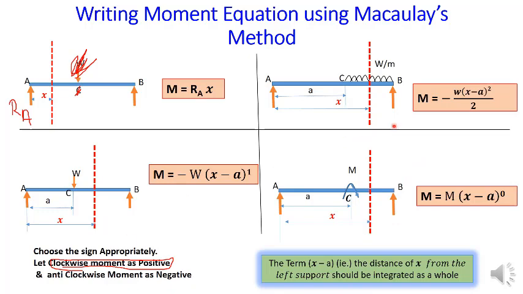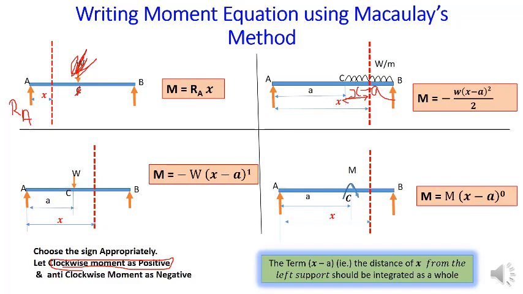Here the distance is X minus A. So when you write the equation for a UDL load, M equals W X squared by 2, where X minus A is the distance, so W into X minus A the whole squared divided by 2. So for any UDL, when you have a section X across the portion CB which has the UDL load, M equals W into X minus A the whole squared.